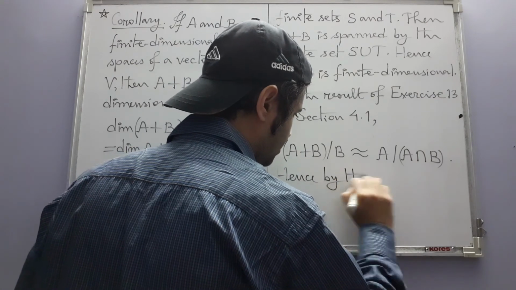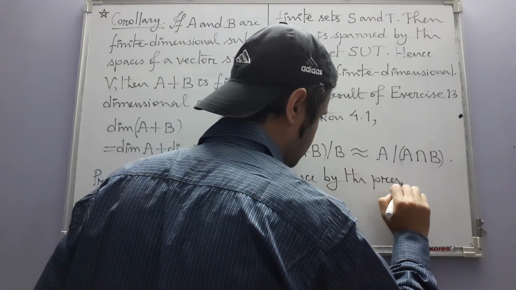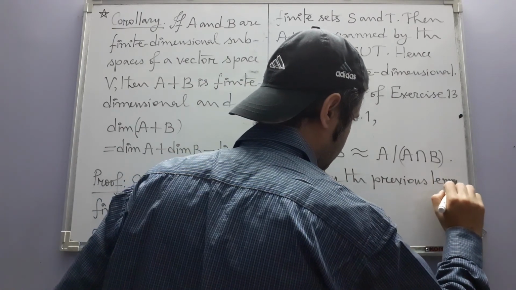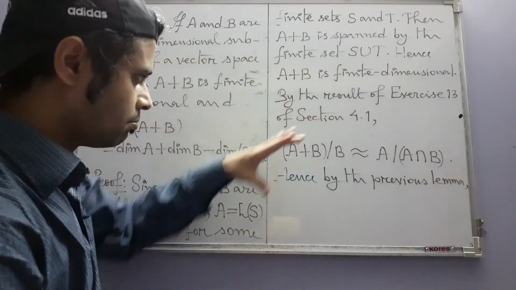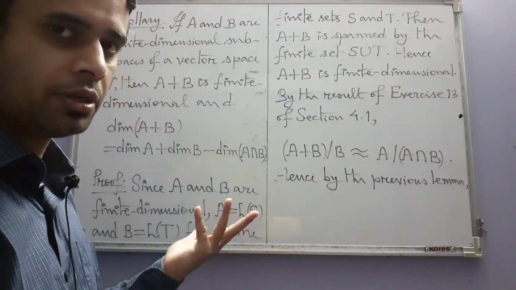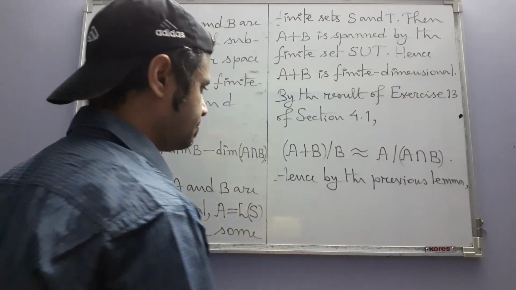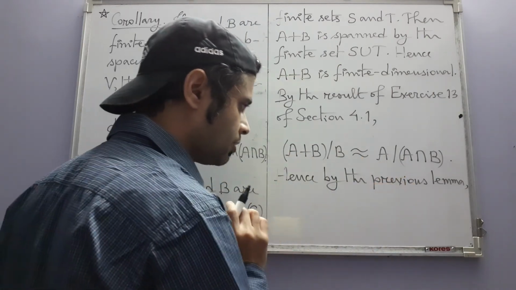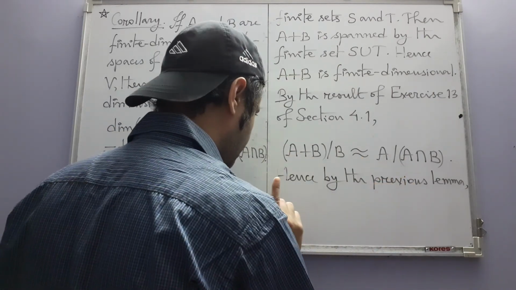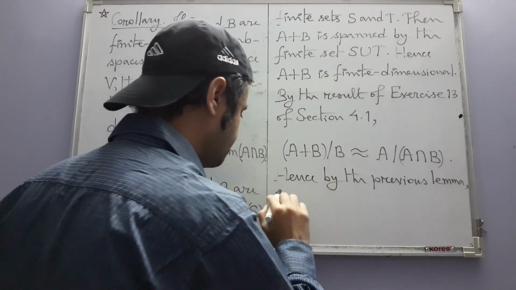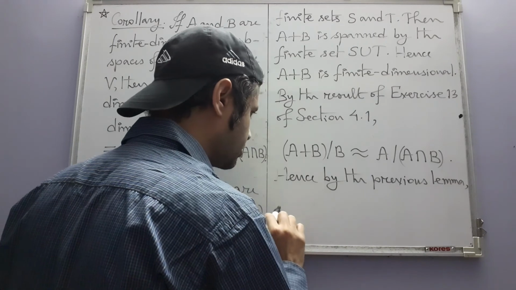Hence, by the previous lemma, both these quotient spaces are finite dimensional. They are like V by W, and because they are isomorphic, they have the same dimension. And the previous lemma also calculates the dimension as the difference of the dimensions.